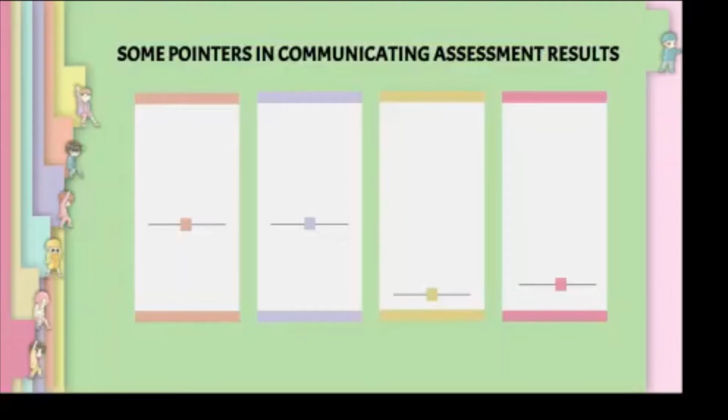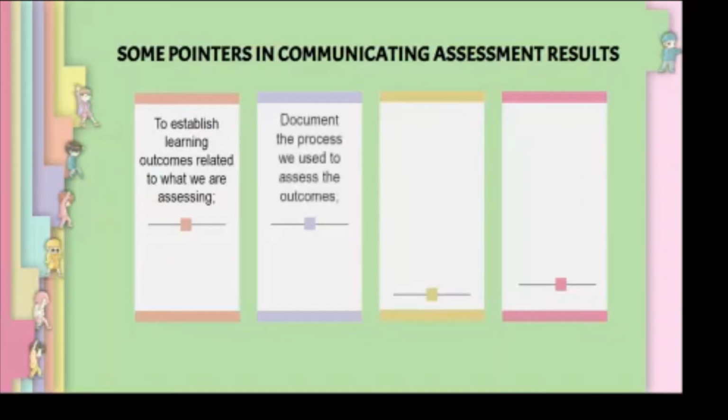Some pointers in communicating assessment results: in order to effectively communicate our assessment results, we need to do the following. First is to establish learning outcomes related to what we are assessing. Secondly is to document the process we use to assess the outcomes.